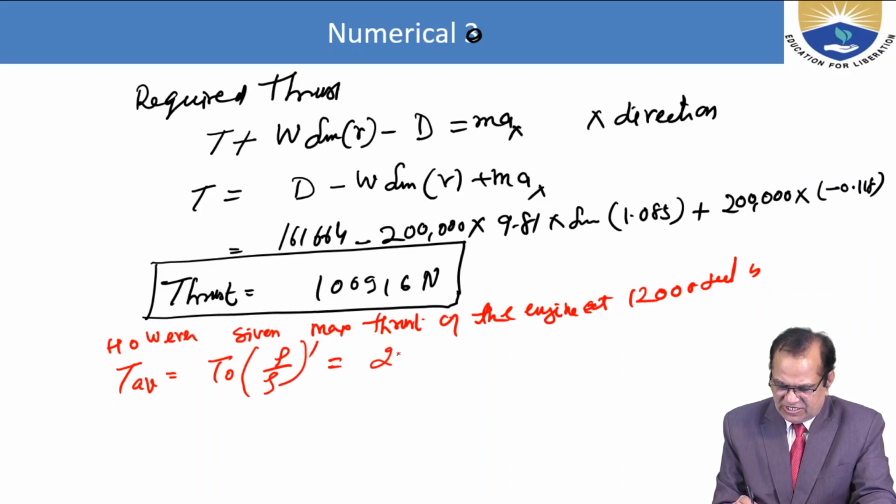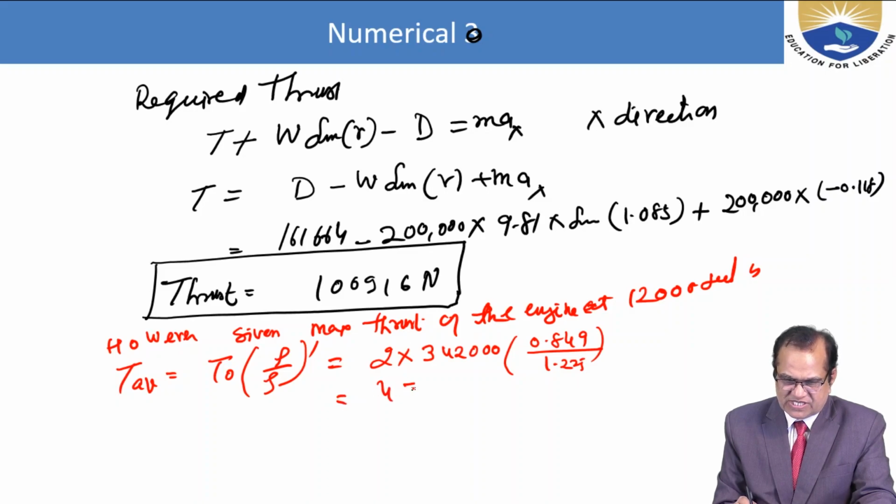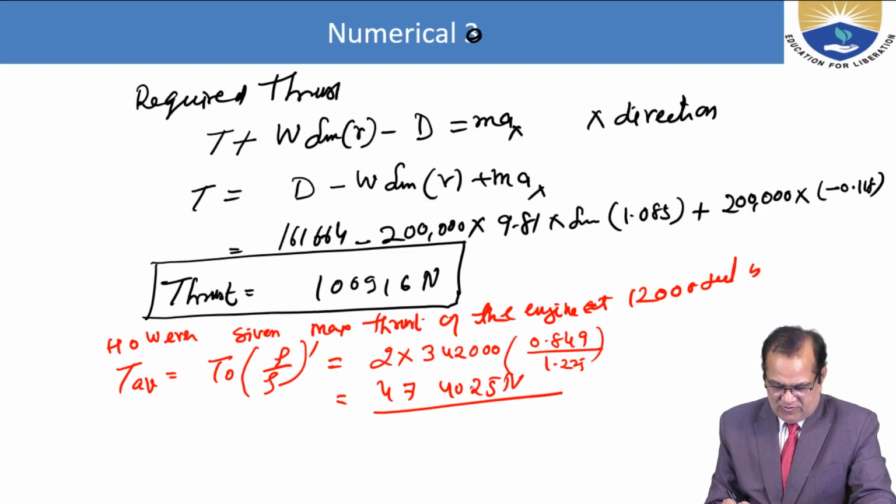Here we have the 2 engines, 2 into 342,000, 0.849 divided by 1.225. So you will get 474025 Newton. This much thrust is available.